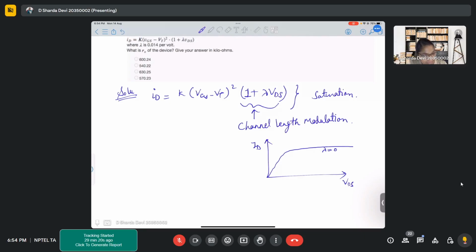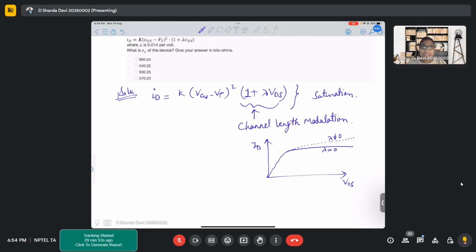Now, in practicality, your current does not saturate completely; rather, it sees a slight slope which changes with VDS. So there appears a dependence of your current on VDS, and that is due to the channel length modulation effect. This factor is defined by lambda, and in these cases lambda is not equal to 0.